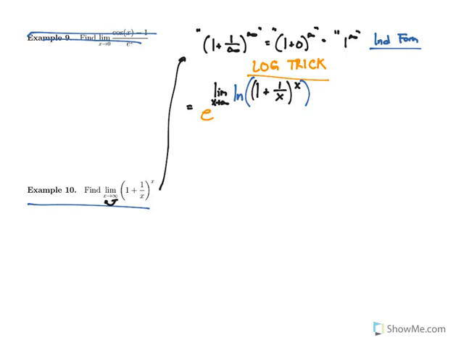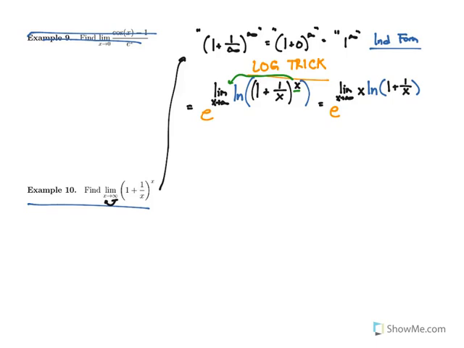And the whole point of doing that is to bring the exponent down out in front. So we can rewrite this whole thing as e to the power of the limit as x approaches infinity of x natural log of 1 plus 1 over x.